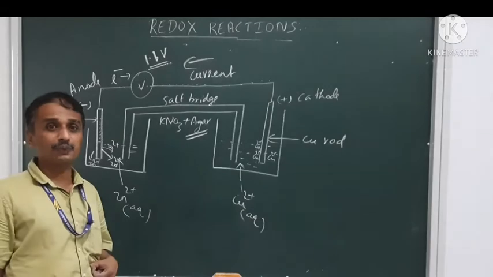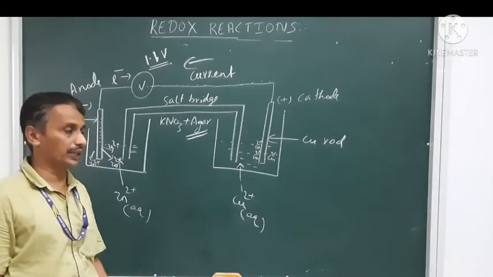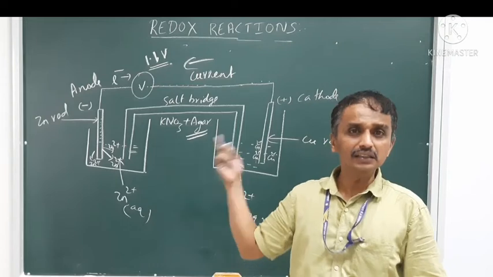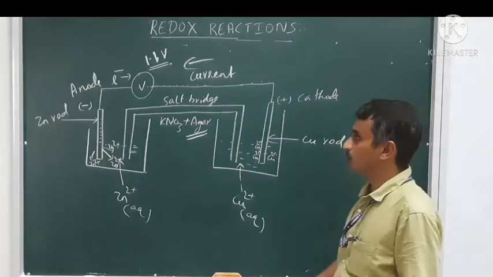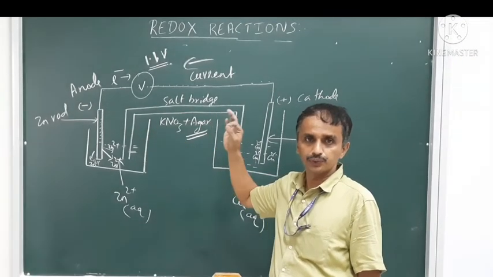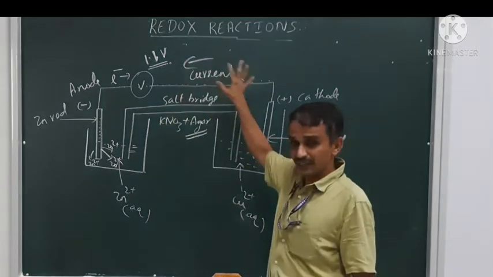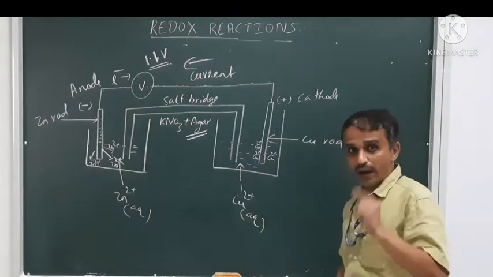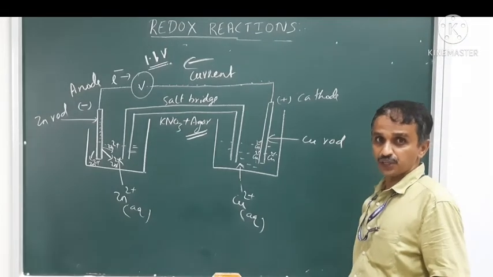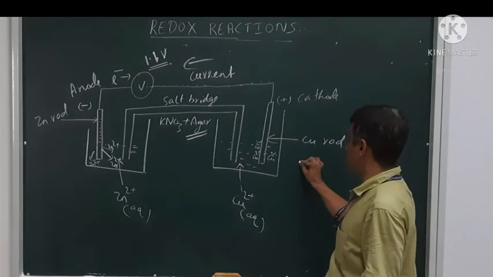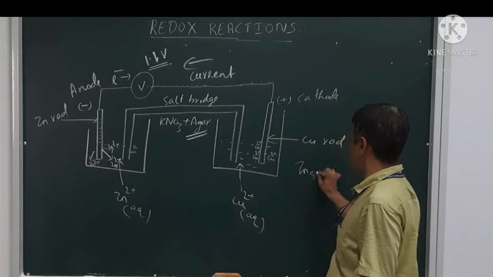Now, how to represent the cell symbolically? While representing the cell symbolically, only symbols of the elements should be used. This is the diagram of the Daniell cell. While writing the symbolic representation, first the anode symbol should be written. Anode is zinc, so its symbol is Zn.